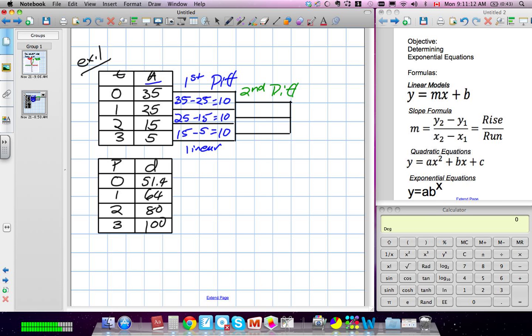In fact, our second differences are the same. Does that mean this is a quadratic equation? No. Okay? We always do them in a specific order. If our first differences are the same, we actually don't need to deal with second differences, because if first differences are the same, your second difference will always be 0. That's another way to tell if it's linear. Second differences would always be 0 if it's linear. Okay? So we know this is not quadratic.